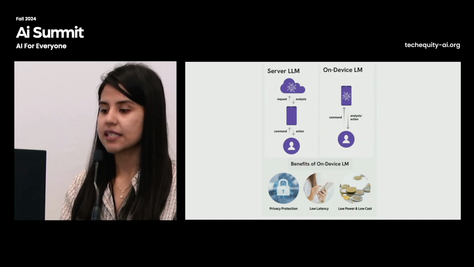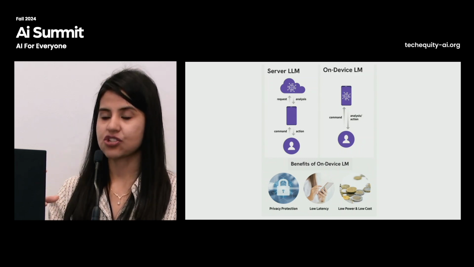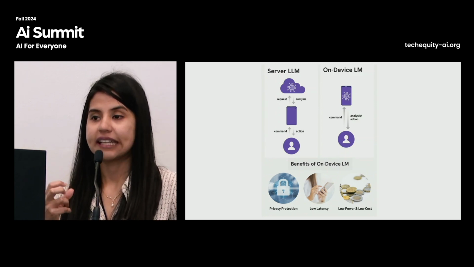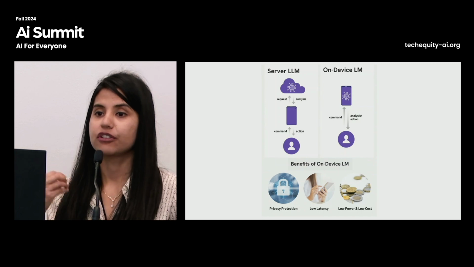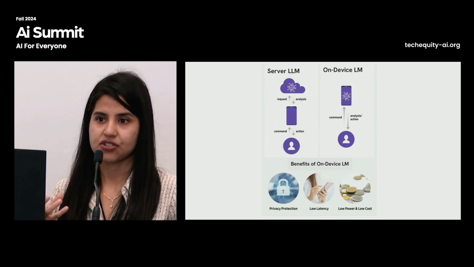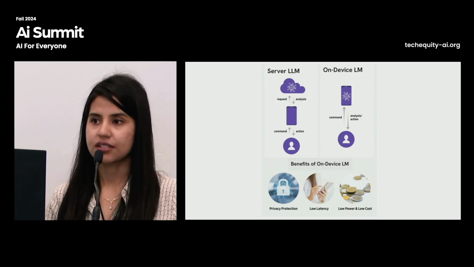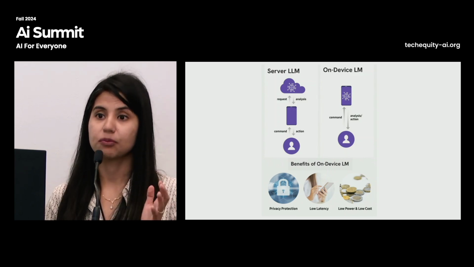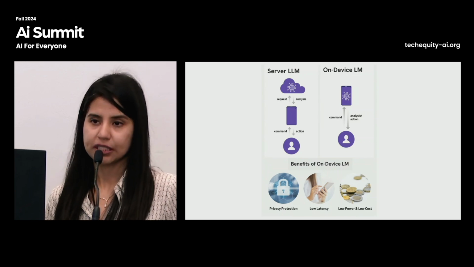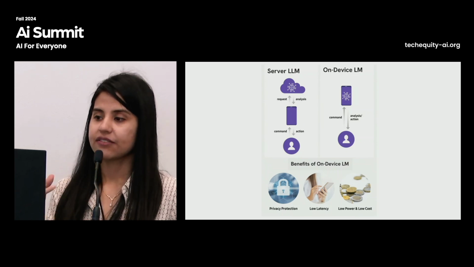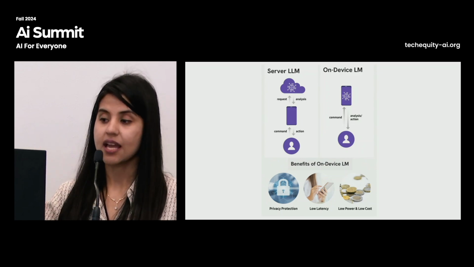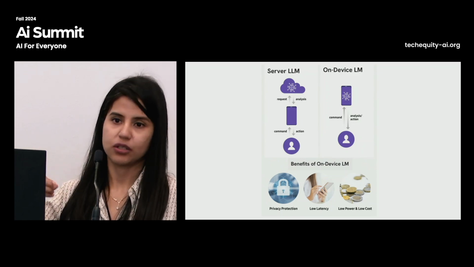Having applications which can access data private to users, for example on your phone or your financial transactions, and keeping that on the device without sending it to a server, I think would bring a big change in the applications which could be built using those LLMs. Also, because everything is going to be at a smaller scale, it will be lower latency and therefore lower power and lower cost.